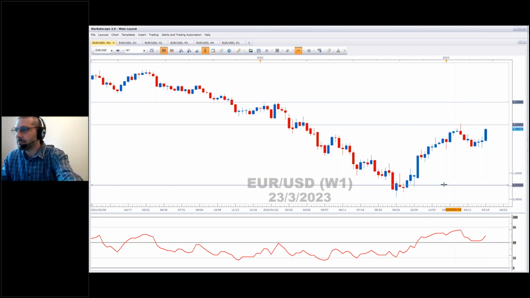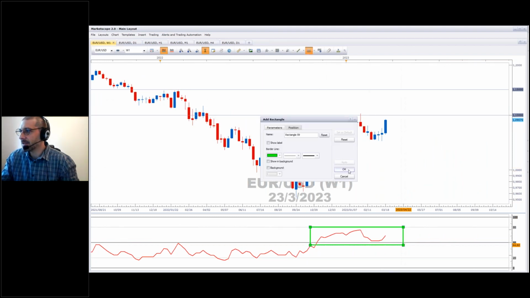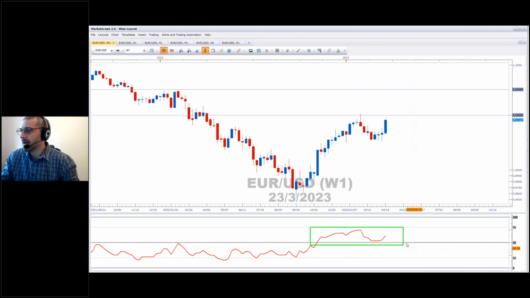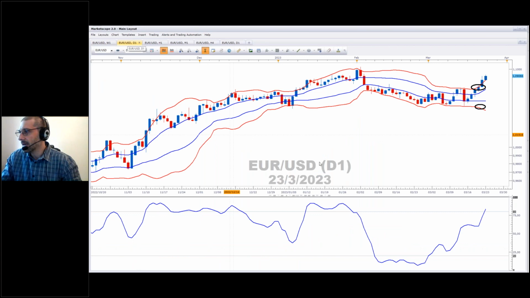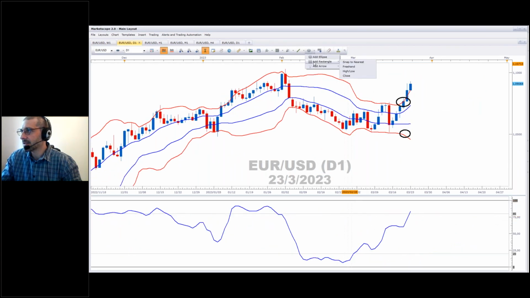Let's cancel that. I don't need that. In order for those to really be in play, the RSI needs to stay above 50. Okay. Now, what's interesting is the daily chart. If we go through to the daily chart, what I think is interesting is the stochastic. We've just hit that upper quintile.